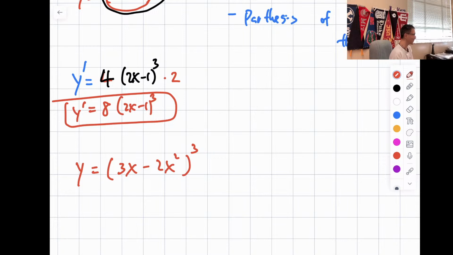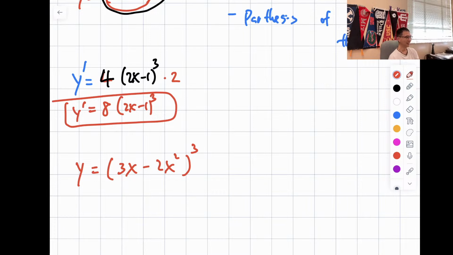So you just treat this as one object with the 3 on the outside, treat that as 2. Then you find the derivative of the inside, 3 minus 4x, and then you multiply that times the constant, giving you 9, 12x. That's why if you don't distribute, it's just way faster.